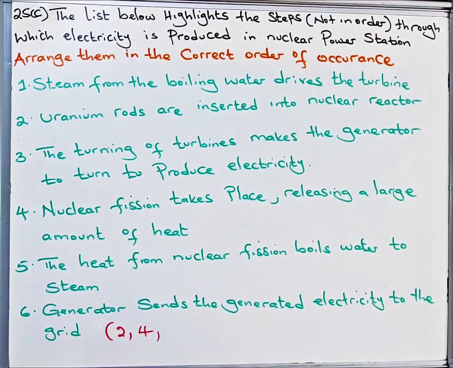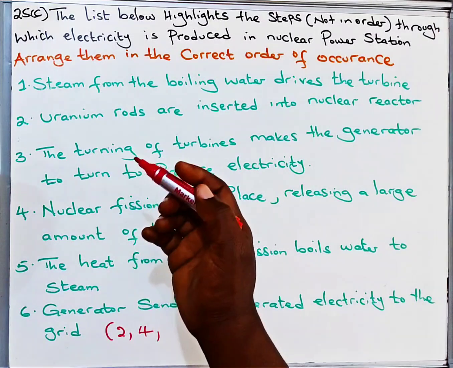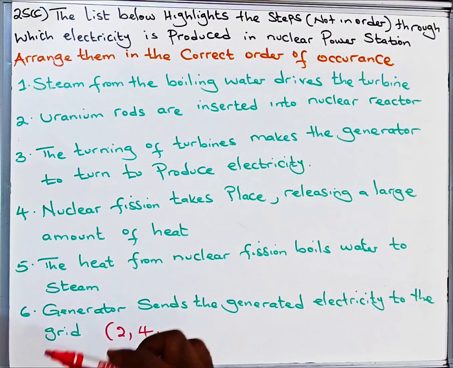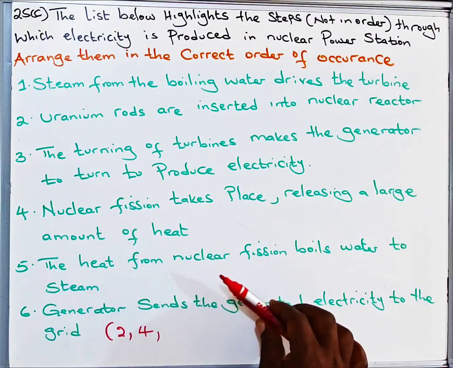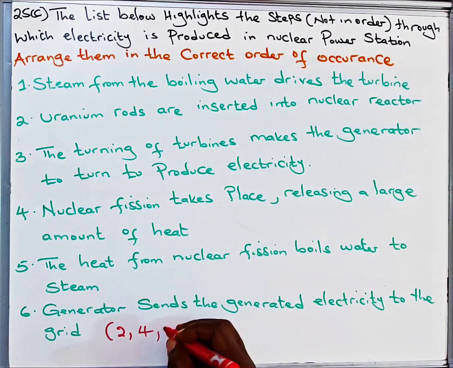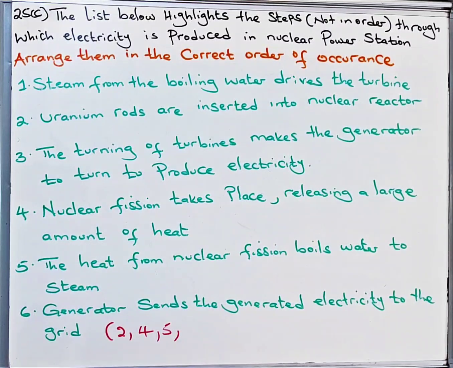When rods are inserted into the nuclear reactor, then nuclear fission takes place. Then the next step, the fission releases energy, so it's here. The heat from nuclear fission, so that's number 5, boils water to produce steam.